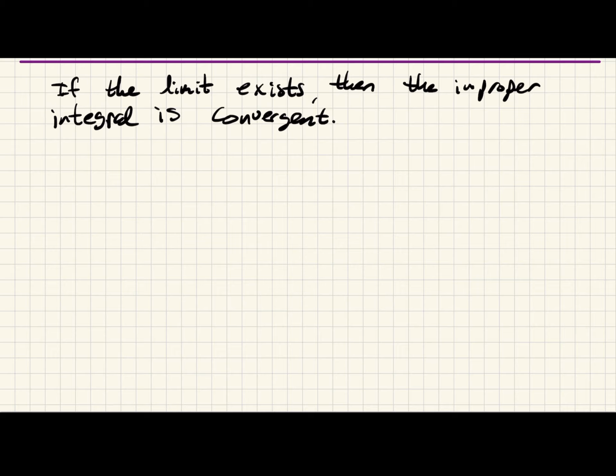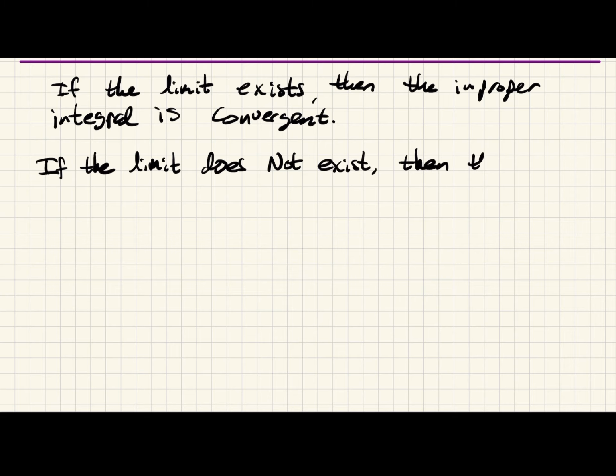If the limit does not exist, then the improper integral is divergent, which is what we found with 1 over x.